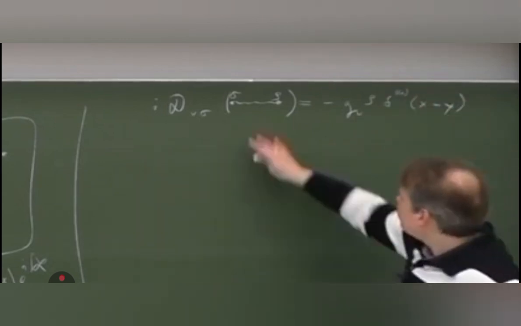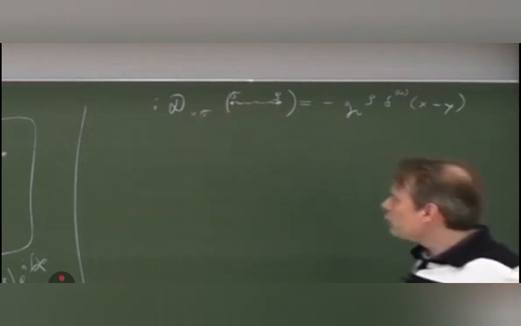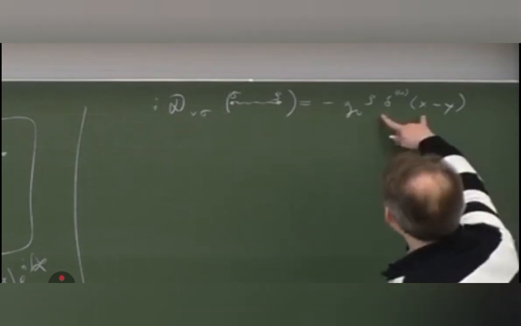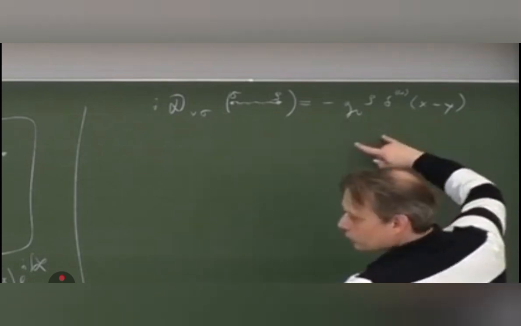The tree-level propagator is the inverse of the differential operator times i. So that is one thing that we know, and in that sense we can eliminate the delta function in terms of this.